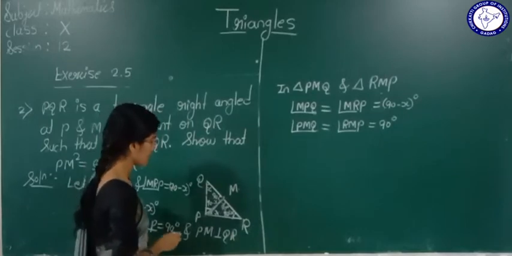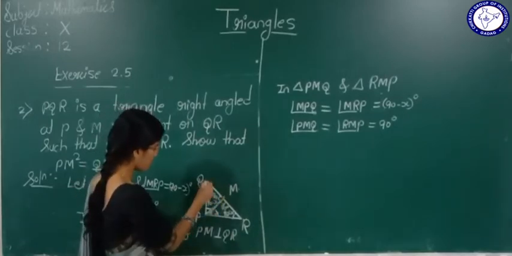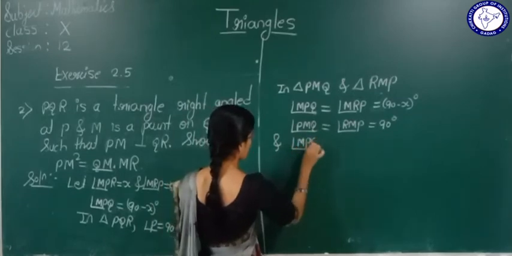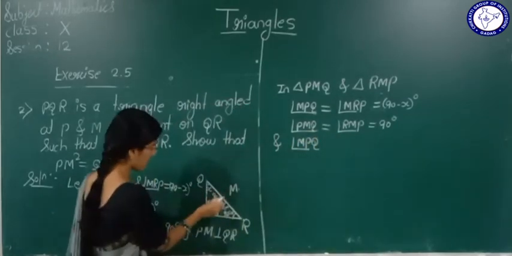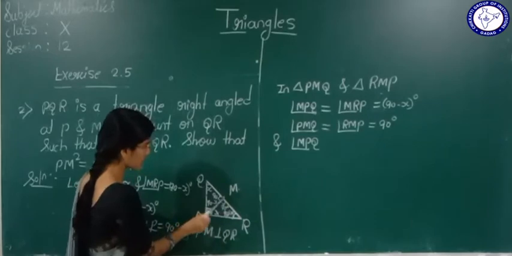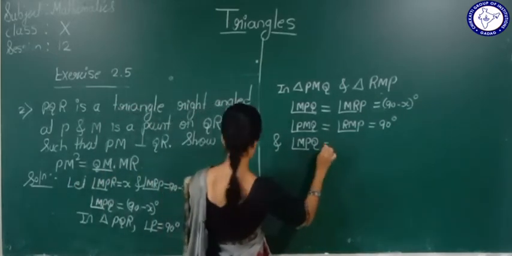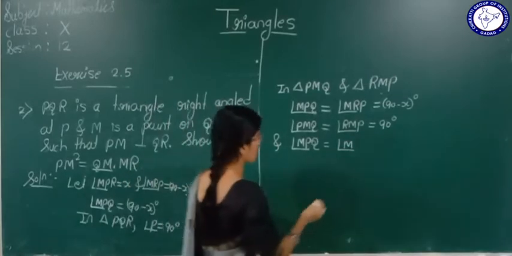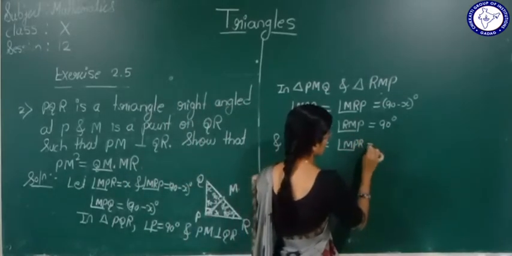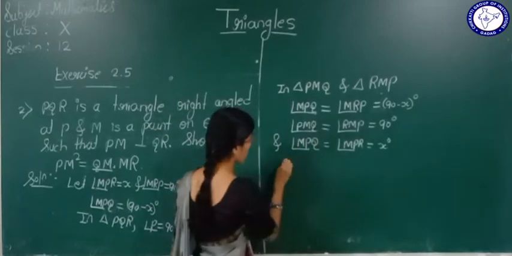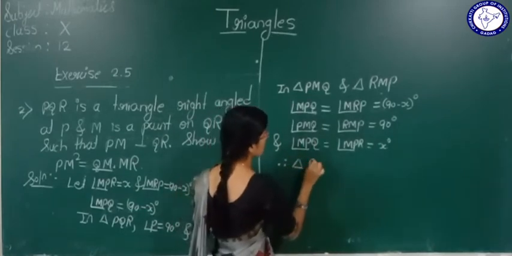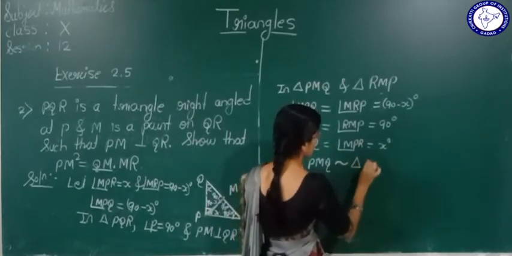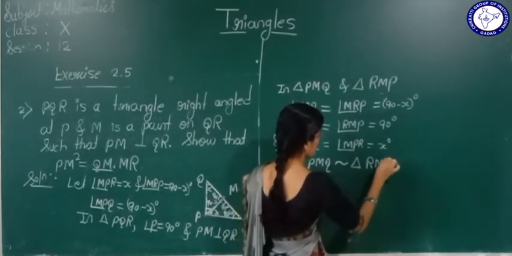Again, angle MQP and angle MPQ is equal to angle MPR, which is nothing but X degree. Therefore, triangle PMQ is similar to triangle RMP.